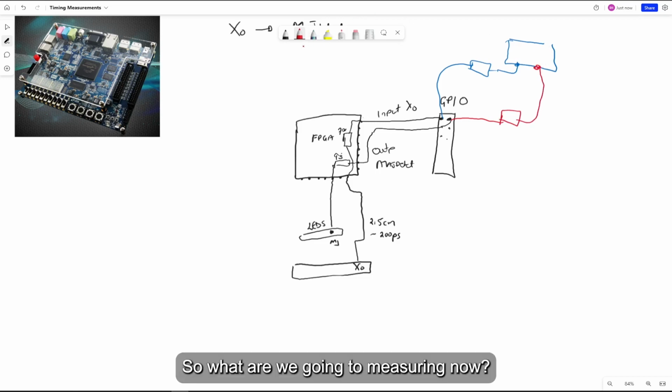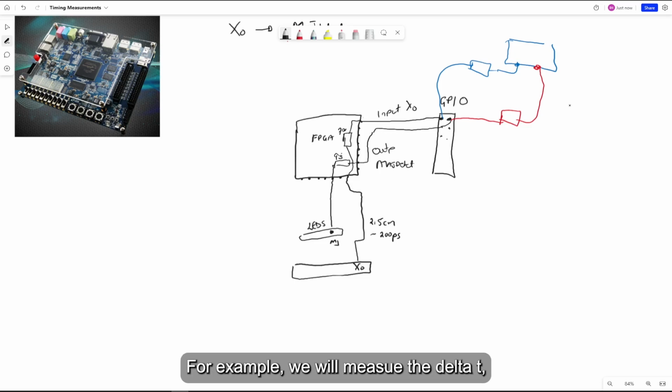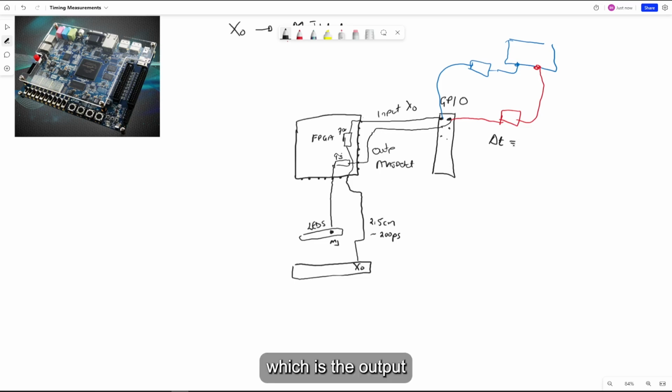So what we're going to measure here is the difference of the delay time. For example, we're going to measure the delta t, which is the output minus input.